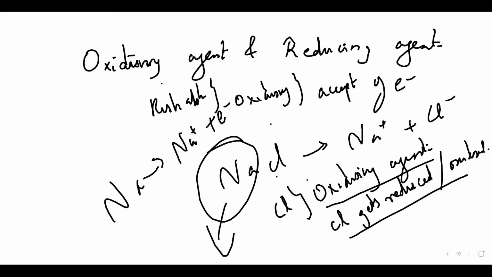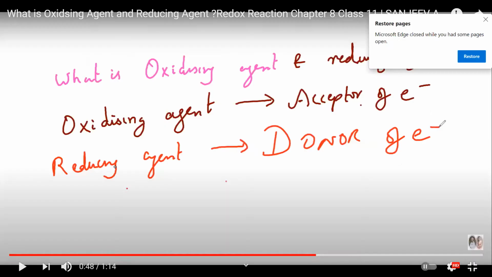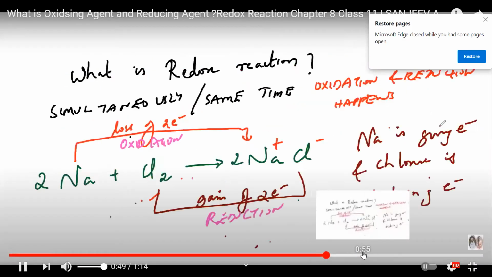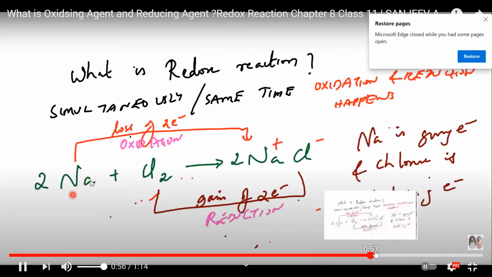But the question here is, what is oxidizing agent and what is reducing agent? The one which gets reduced, what is it actually?